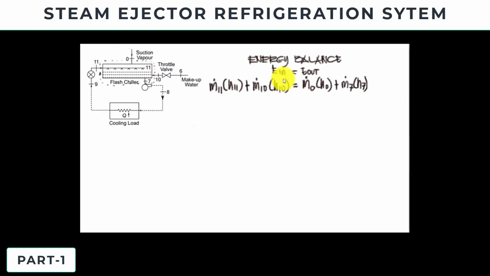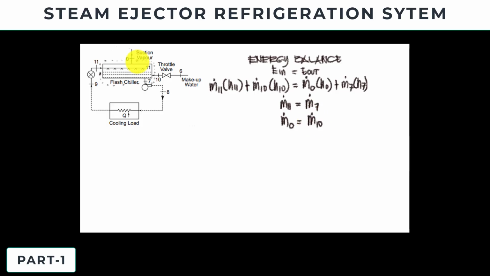Now, the mass flow rate 11 is equal to the mass flow rate 7, since what enters here and what is leaving are the same, so they will be equal. And then we also have the relationship that the mass flow rate O is equal to the mass flow rate 10.